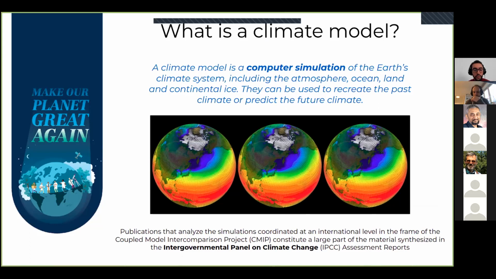And you should know that a large part of the material used for these IPCC reports comes from a project called CMIP, the Coupled Model Intercomparison Project, where researchers analyze many simulations coming from different modeling centers in the world, and try to summarize all the publications describing the results coming from these simulations.